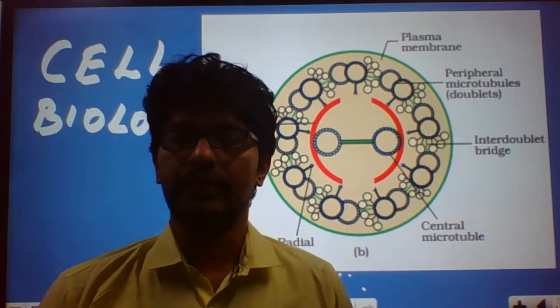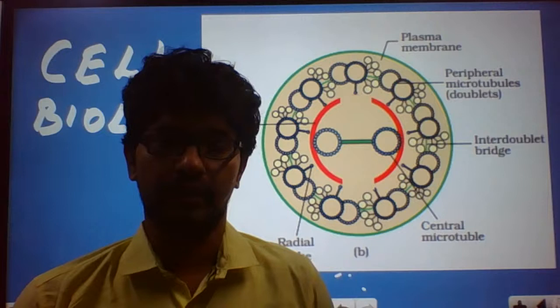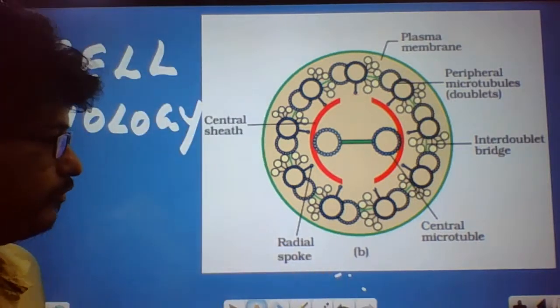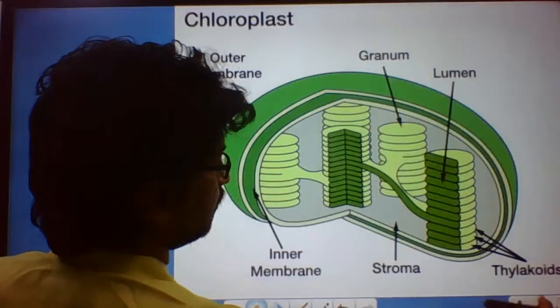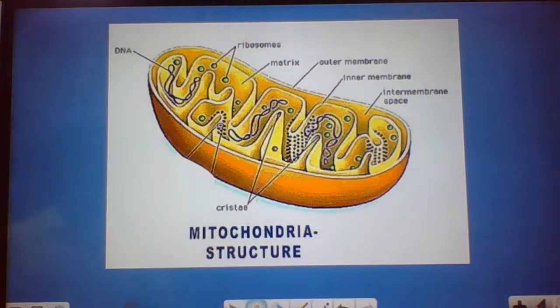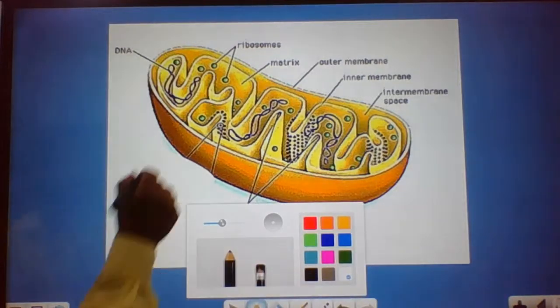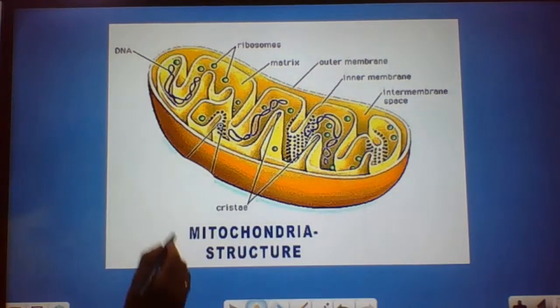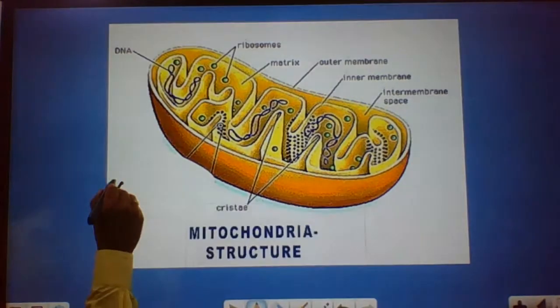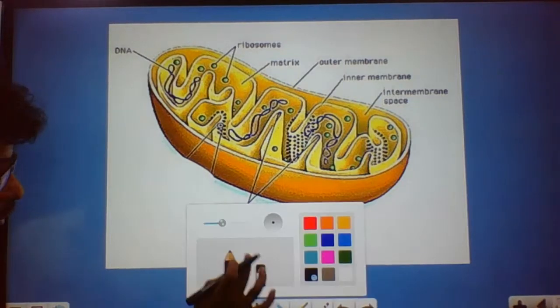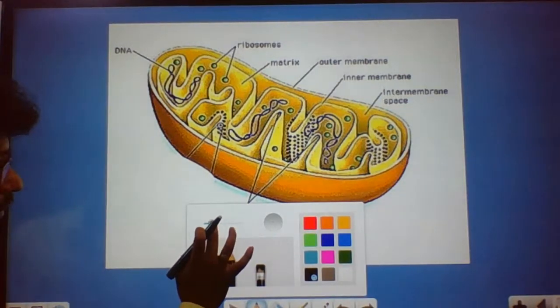Now we'll start with mitochondria. We move on to the cell organelles, a continuation of the cell, the unit of life. Fine. So coming to the mitochondria: when you talk about mitochondria, the thing that comes to mind is that it's a thread-like granule.